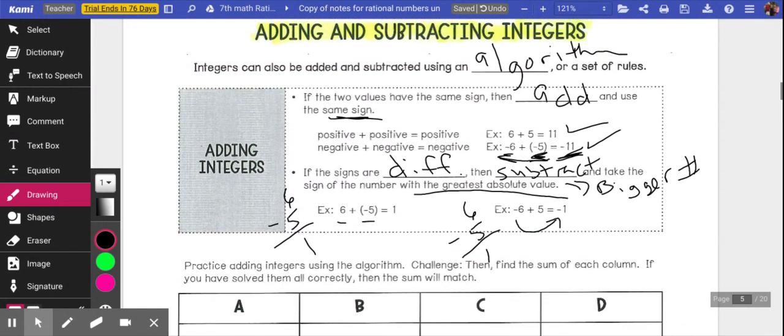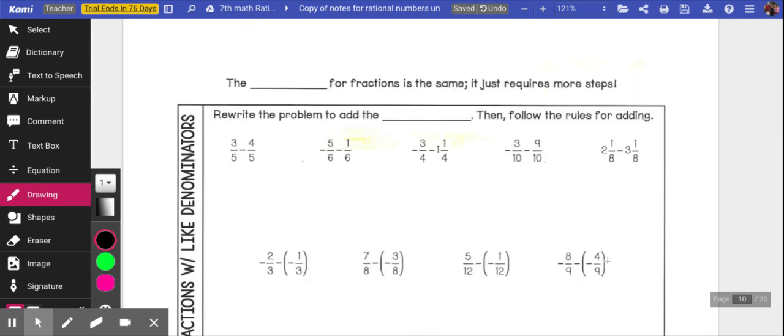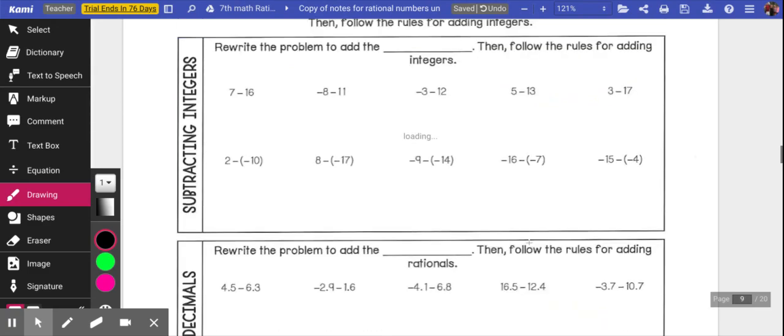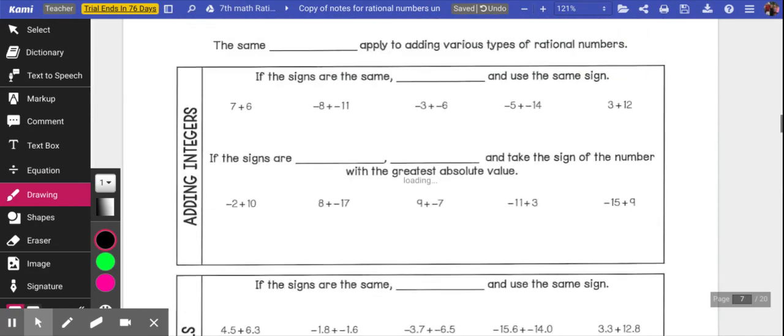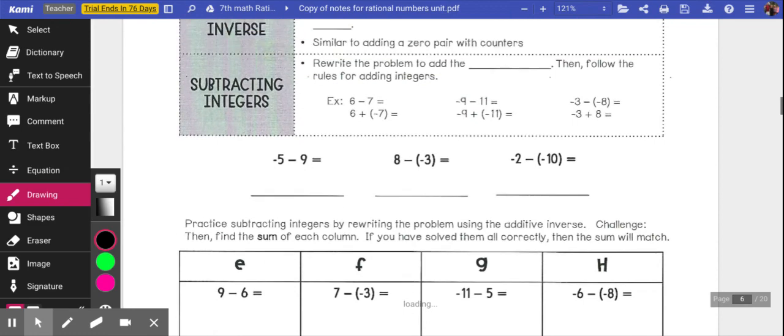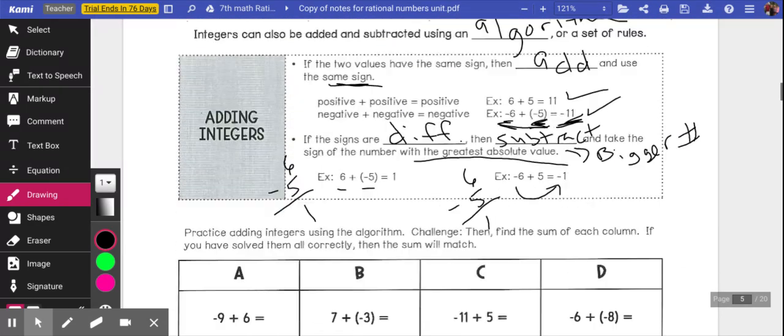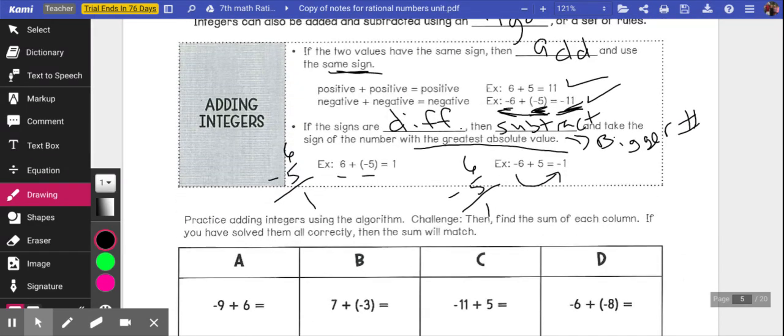I also like to think of it as, if you have 3 plus -4, a battle between good and bad.